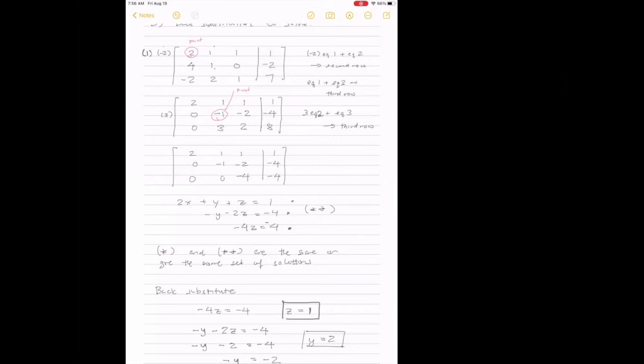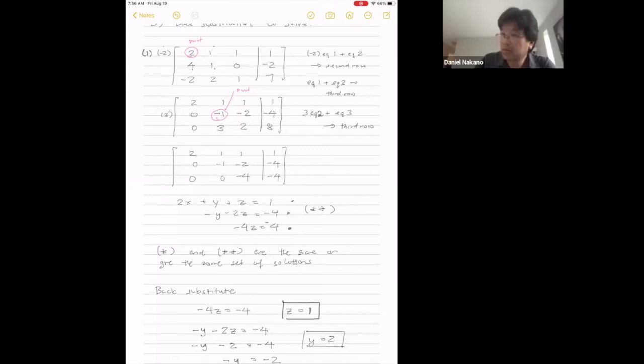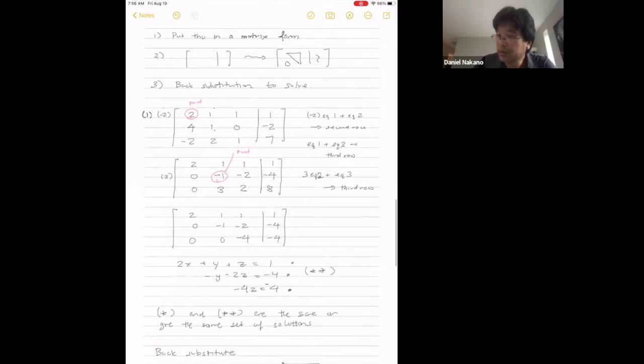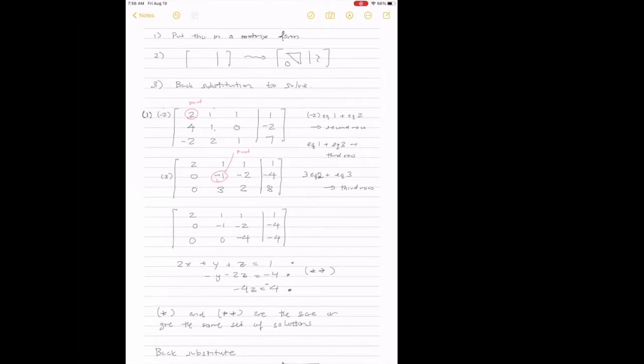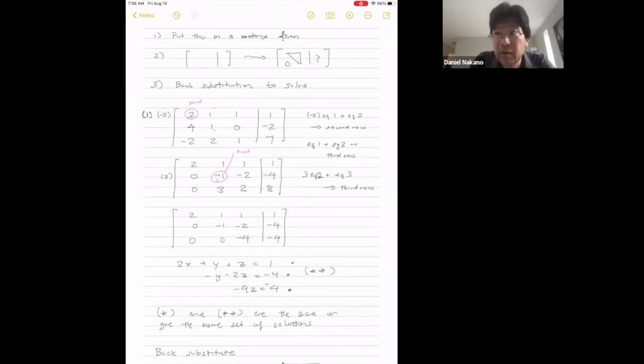No, but how do you know which ones to pick as pivots? Because in the beginning, you could have chosen negative 2 as a pivot. So this is a very good question. What you do is you do it systematically. I want to turn this into an upper triangular form, so you start with the first column and use it to knock out everything underneath the pivot in the northwest corner.